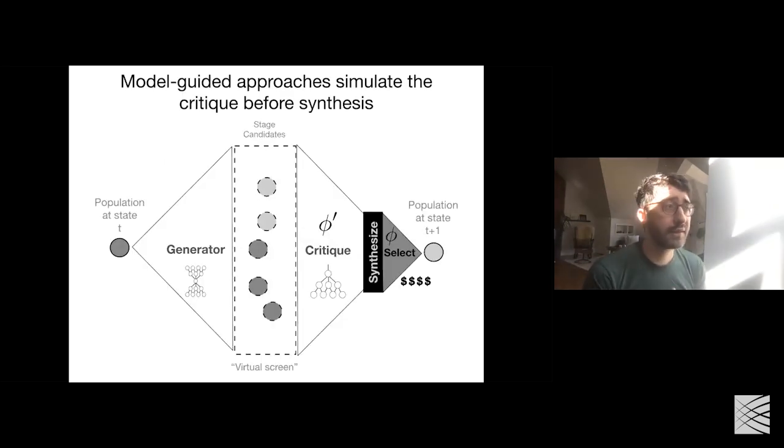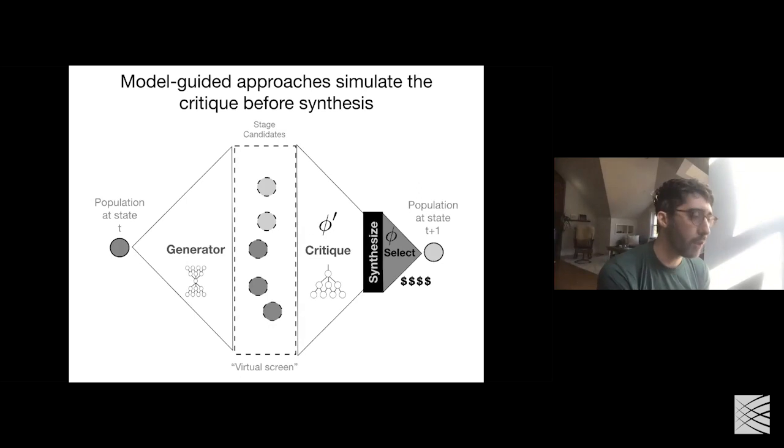So model-guided design attempts to preempt nature's anger by simulating the process in silico before committing to the expensive synthesis step. And so we have a generator, which is a proposal mechanism that produces virtual candidates. And then your approximate model is in charge of critiquing those candidates before you commit to the expensive synthesis.